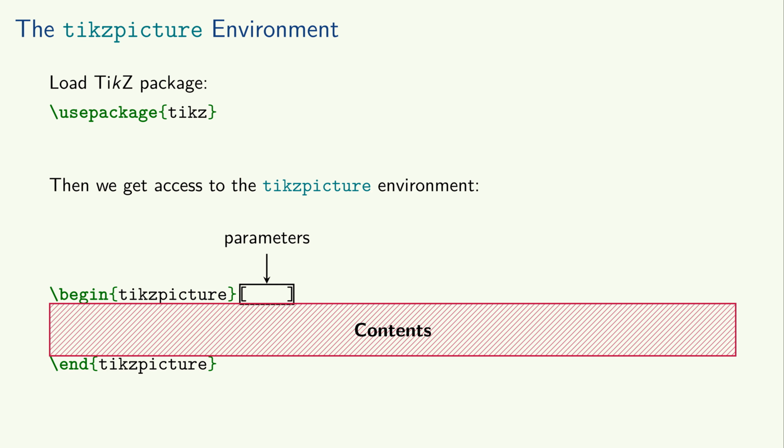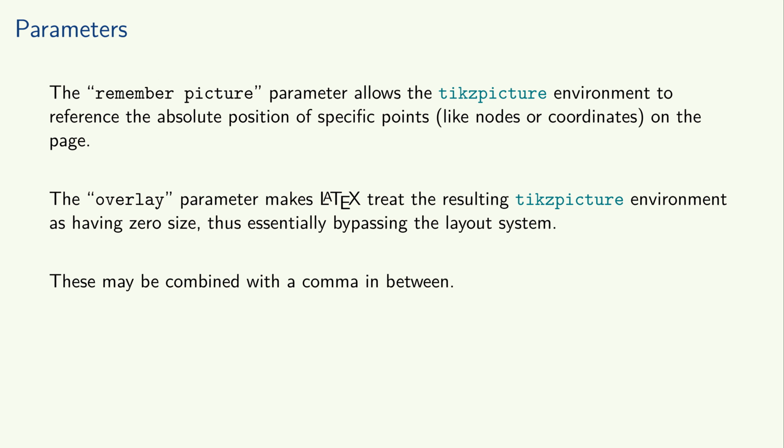Let's start by looking at the parameters. We have a few options there, and I'm going to look into 2 of them today. One of them is called remember picture. That is a parameter we can give it so that we are allowed to reference absolute positions of specific points that are outside of the tikzpicture environment.